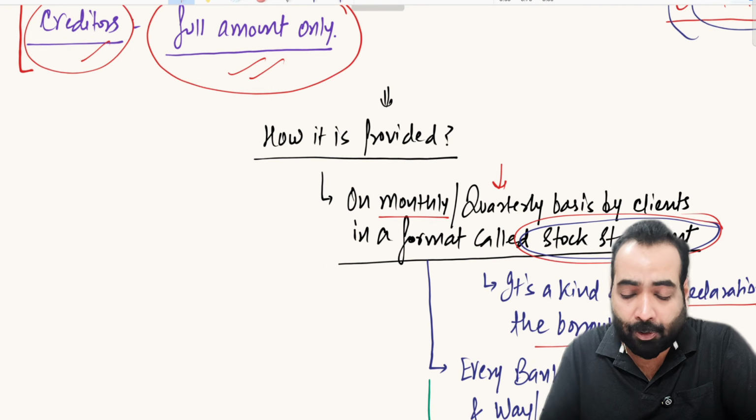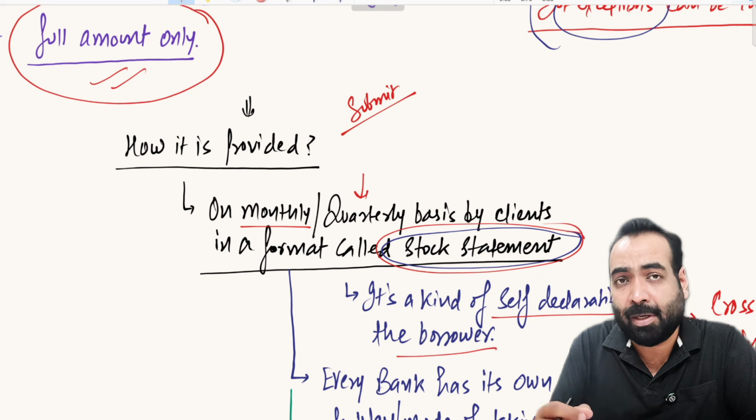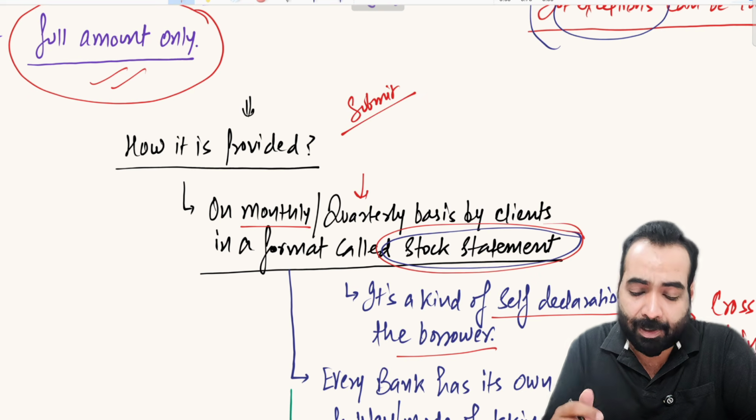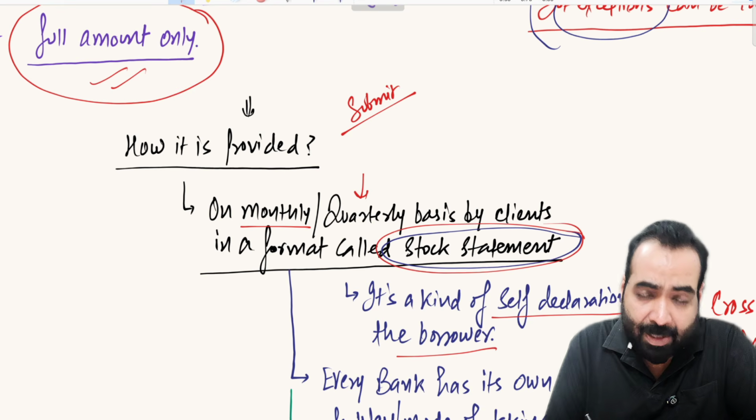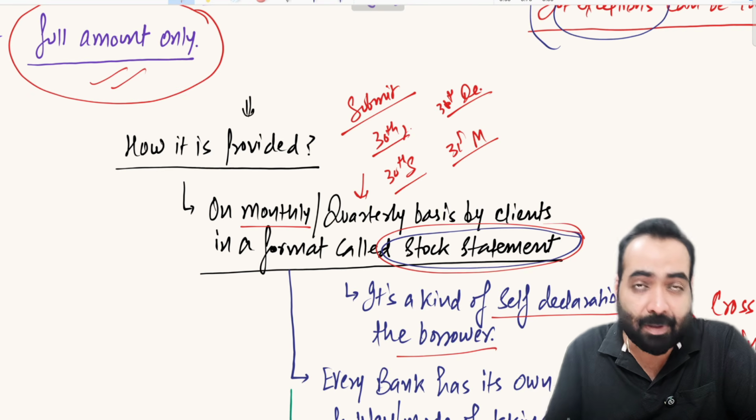If they are allowing you a quarterly stock statement, that means you have to submit the stock statement. By stock statement, I mean you have to declare the figures of stock, debtors and creditors, self-declaration, by the end of each quarter. In other words, 30th June, 30th September, 31st December and 31st March. You have to give the figures as on these dates.